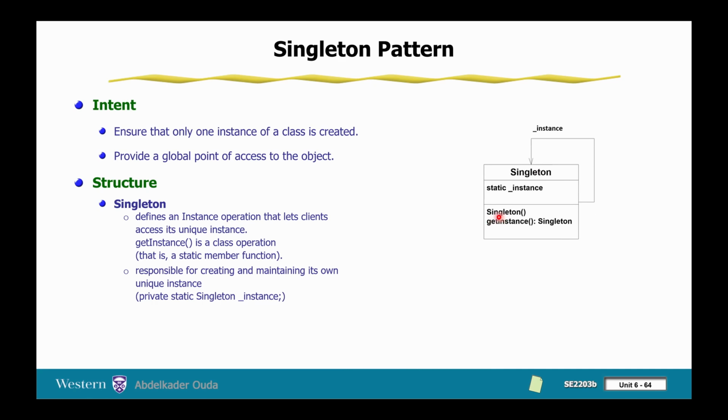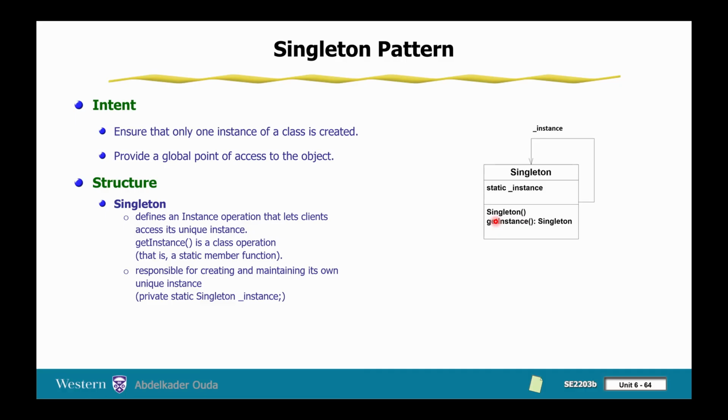You guys need to pay attention. Look at the screen, because this will tell you how to convert any class to a Singleton class. The first step is to define the constructor as private. Did you hear that? All the time when we create a class, we define the constructor of the class as public.